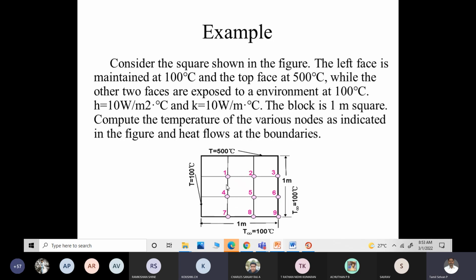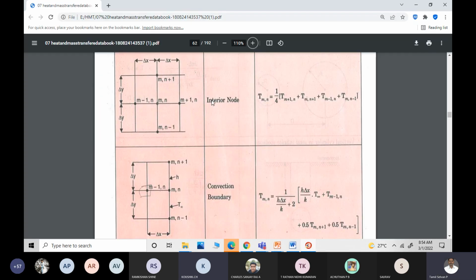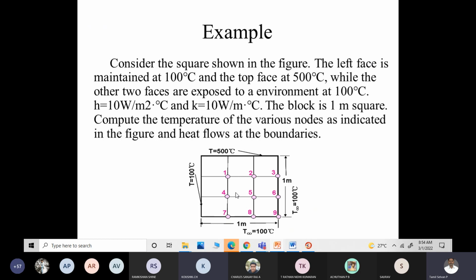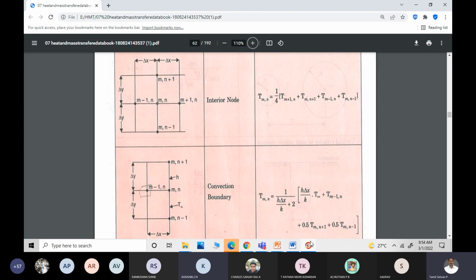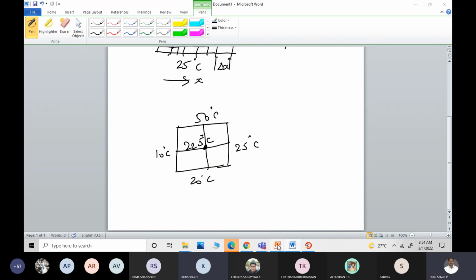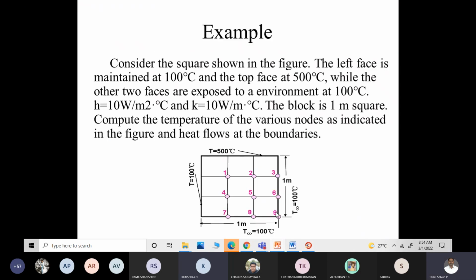For 1, 2, 4, 5, you can use the interior node equation. One interior node equation can be applied to 1, 2, 4, 5. For 3, 6, 7, 8, this convection boundary equation has to be applied. And the exterior corner convection boundary equation has to be applied for T9.